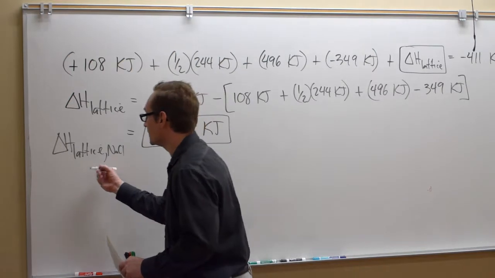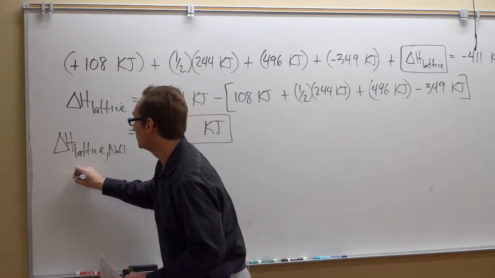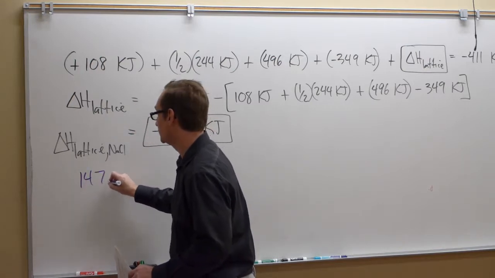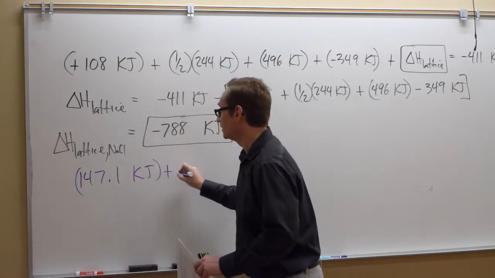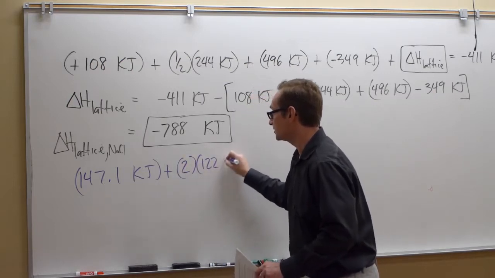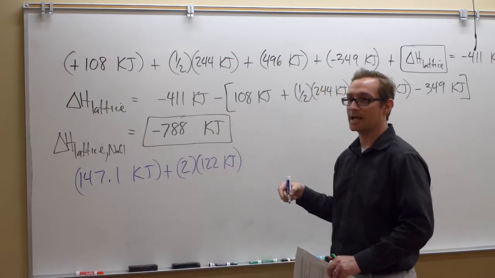So what we know is that we have 147.1 kilojoules plus 2 times 122 kilojoules, the 2 here coming from the fact that we had to multiply that reaction by 2.